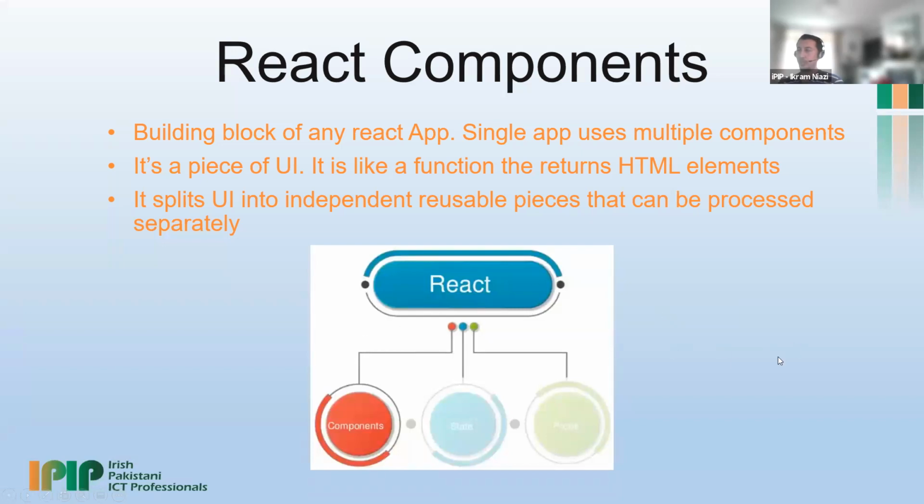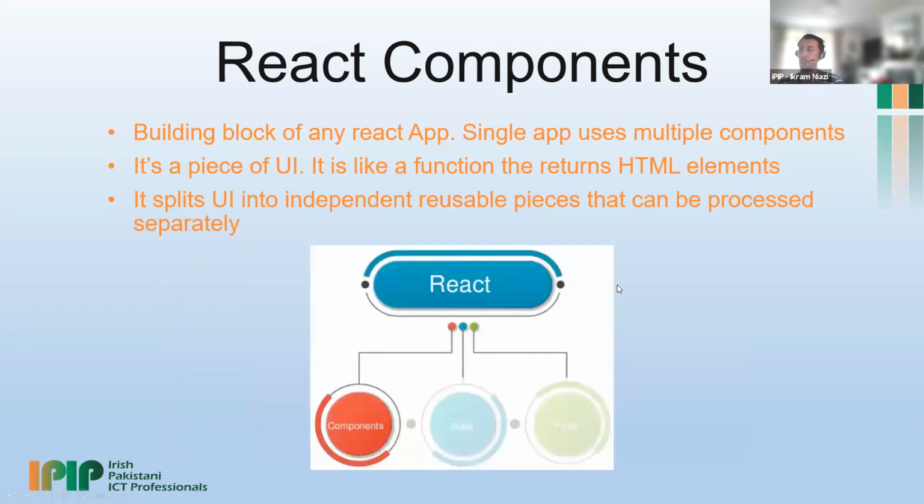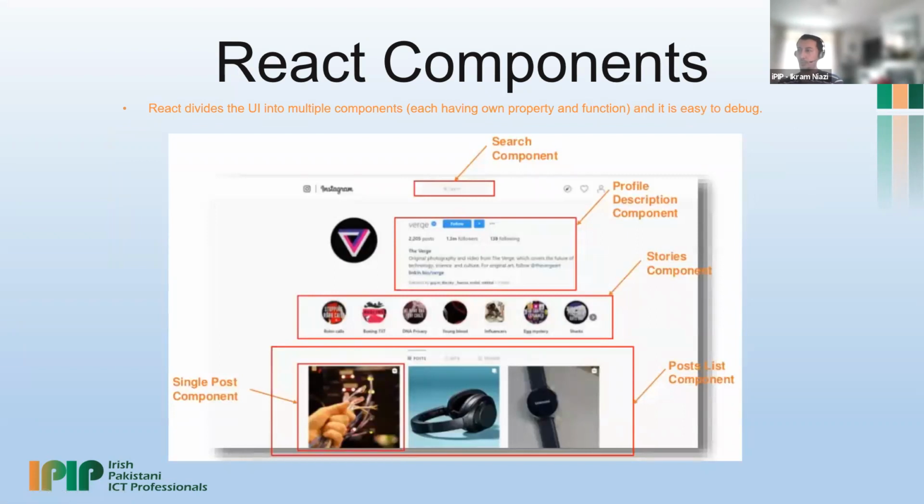So the UI is divided into independent, reusable pieces. Like if you add a new post, then it will come here straight away. You won't have to load the whole page. And the same where the stories get updated here in this bar.